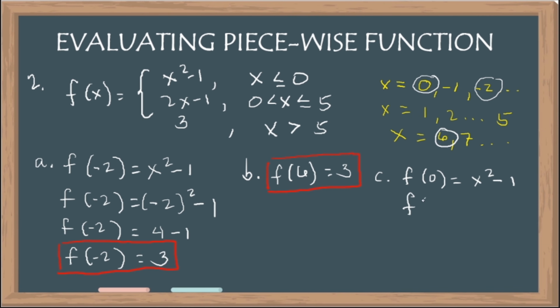So, f of 0 is equal to what is the value of x? That's 0. 0 squared minus 1. And what is 0 times 0? 0 minus 1. And what is 0 minus 1? That's negative 1. Ganun lang kasimple, no? The f of 0 is negative 1.